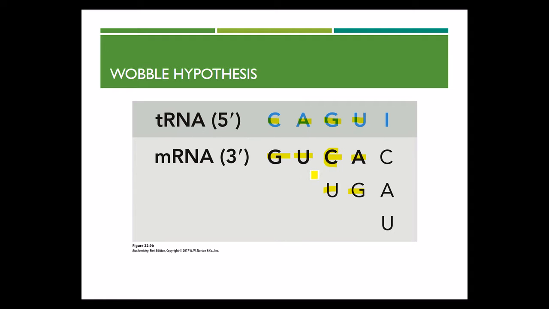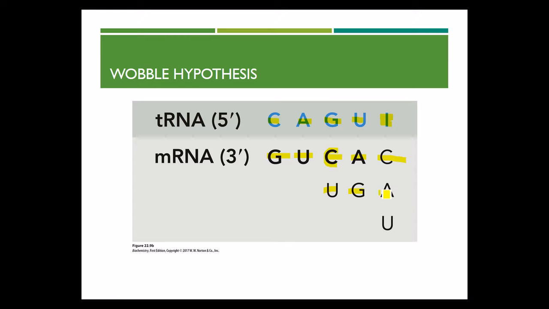Typically, G would want to base pair with C, U would base pair with A. That's why they're in bold. But according to the wobble hypothesis, G could also base pair with U, and vice versa, U could base pair with G. And then, if we have I, inosine, that could read for 3 different ones.